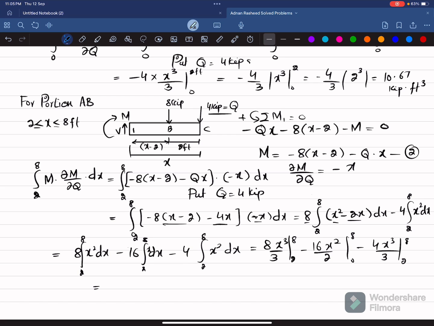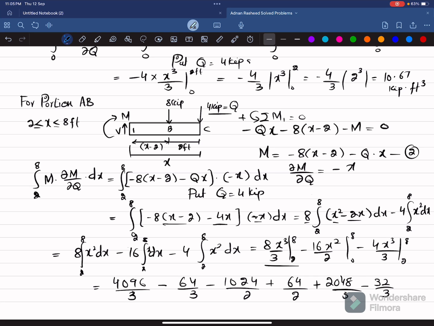When you solve this, after taking the limit, this term will give you 4096 divided by 3, minus these terms, all these terms will give, I will write it, you can also check it later: 1024 divided by 2 plus 64 over 2 plus 2048 by 3 minus 32 divided by 3.